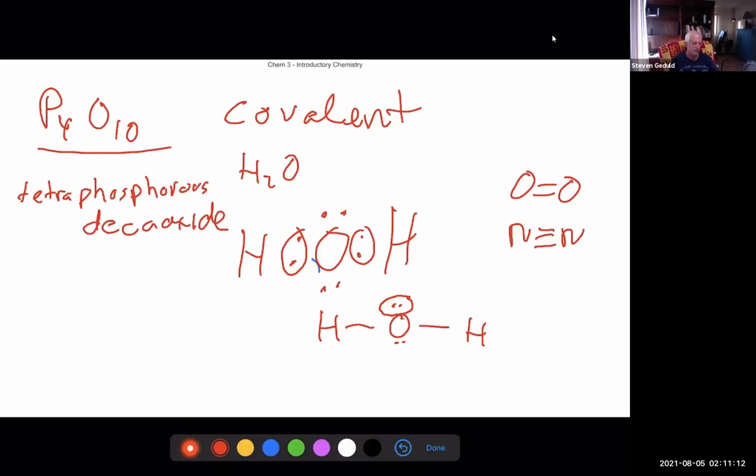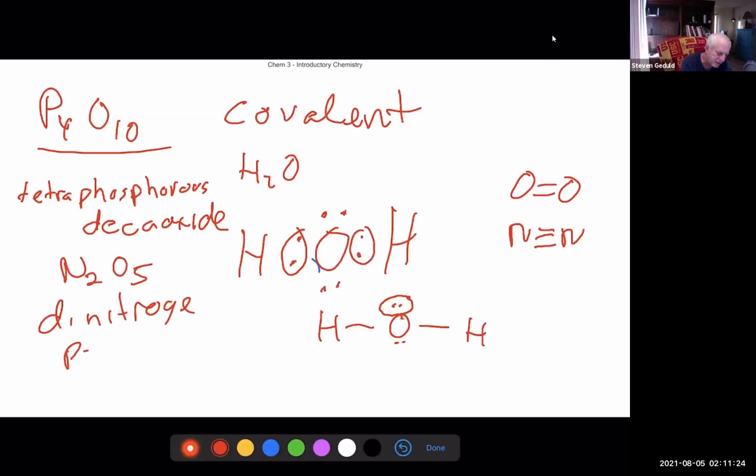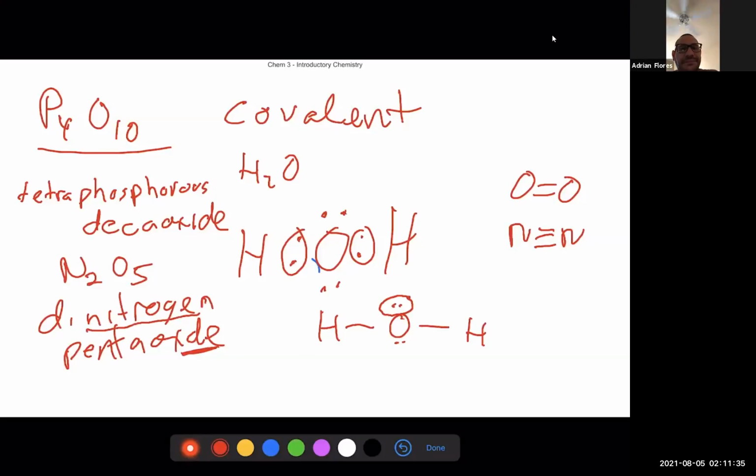If you had N2O5, that would be dinitrogen pentaoxide. Remember, the name for the first element is always just the periodic table name, and we change the last one to -ide. Then we name the subscripts. If it's covalent, we have to name those subscripts because we don't know. If it's ionic, we know because it's balanced by charge, so we don't have to name it.